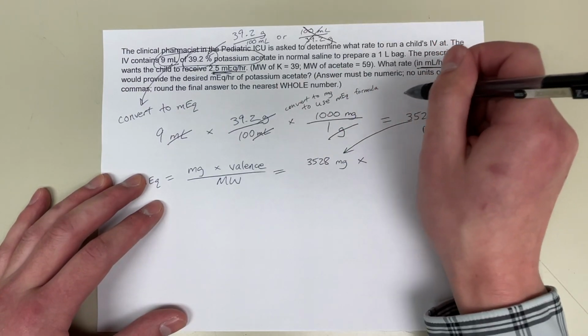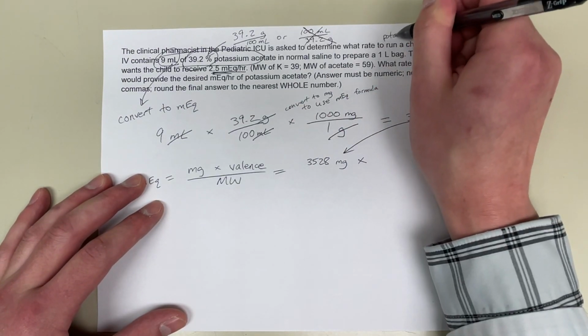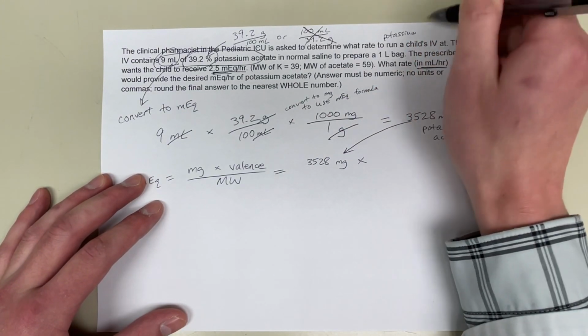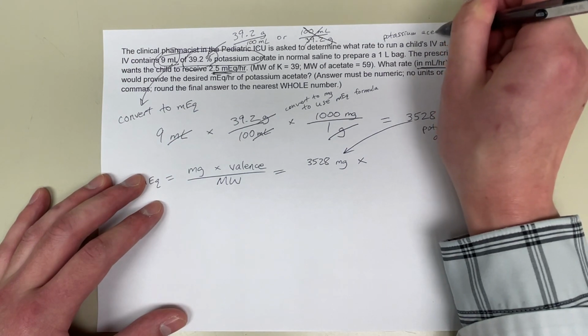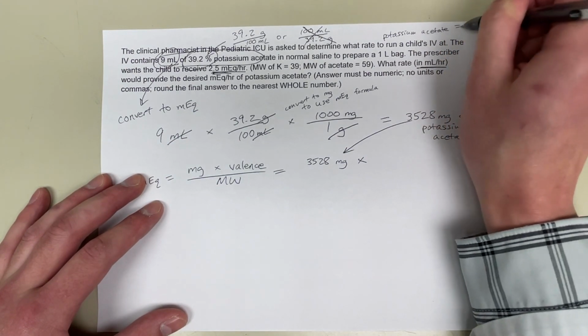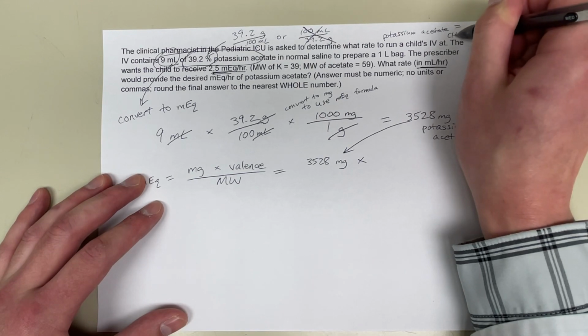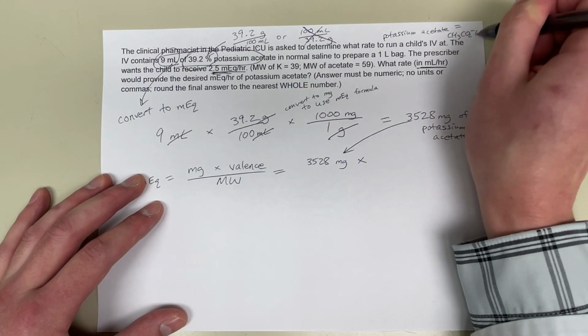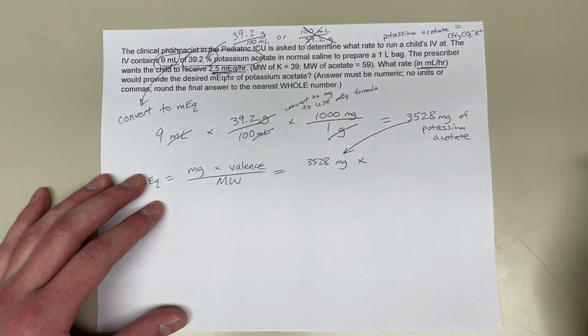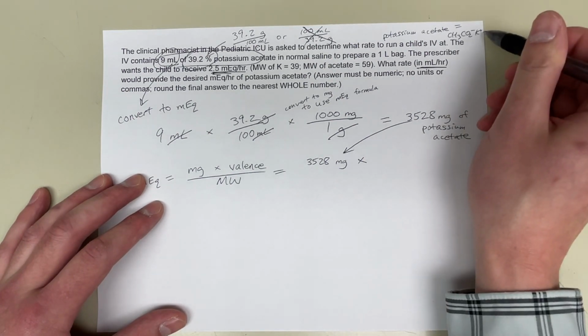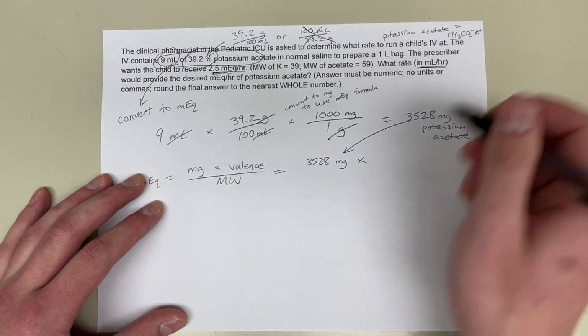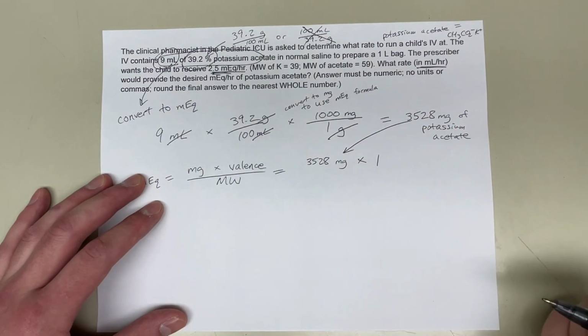Potassium acetate is the same thing as CH3CO2 minus and K plus. So the valence is just 1. See, 1 potassium and 1 acetate. So that's why valence is 1.